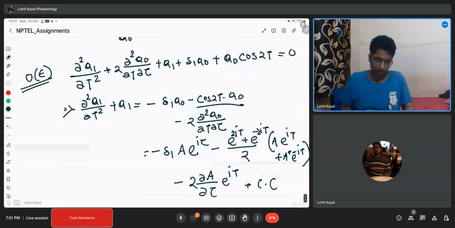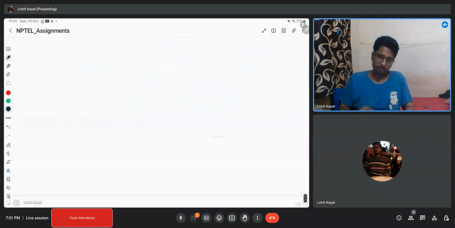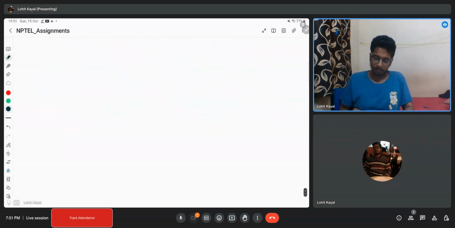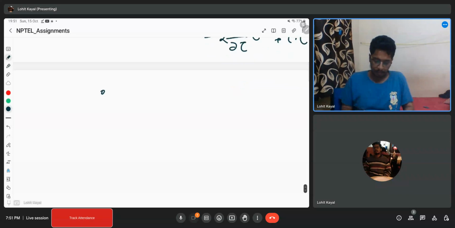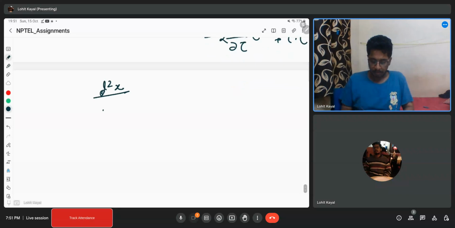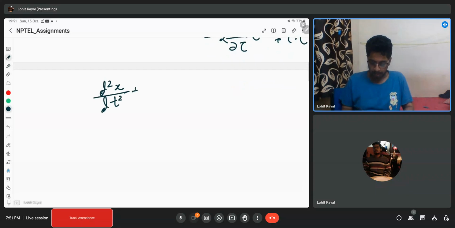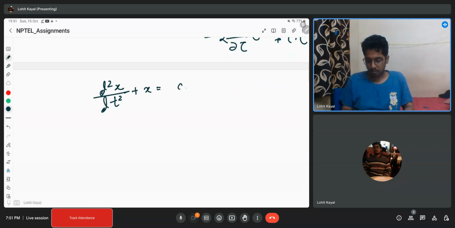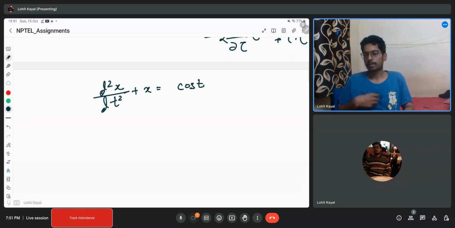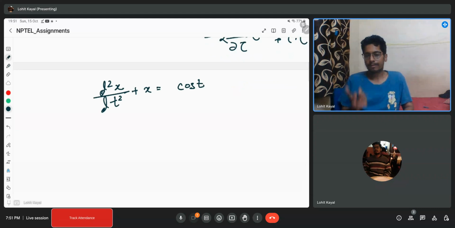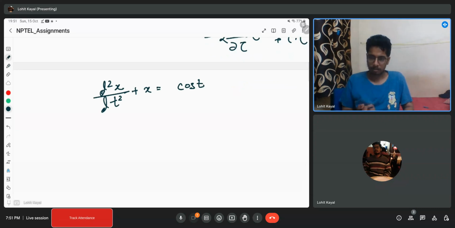Now see that this is the equation. For a differential equation like this, suppose you have the equation d²x/dt² plus x is equal to cos t. If you are told to find the fundamental solution, what will be the answer?